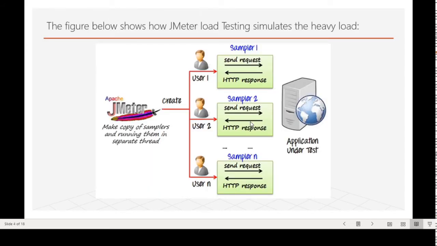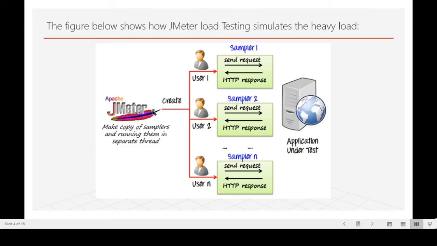Here is a simple illustration of how JMeter works. JMeter consists of a test plan, and here we created a test plan, and then the users, one user, two users, and they are a single thread group, and each user is a single thread.